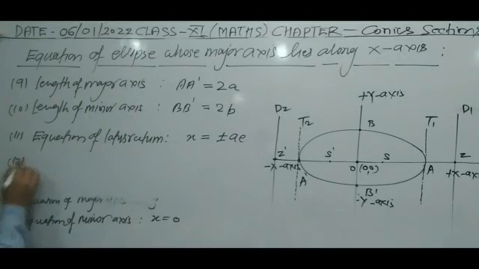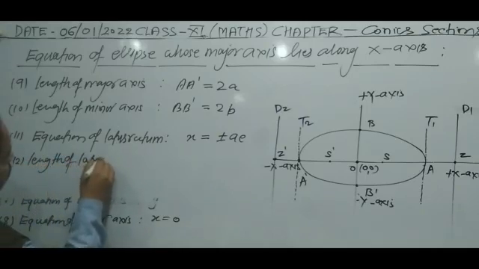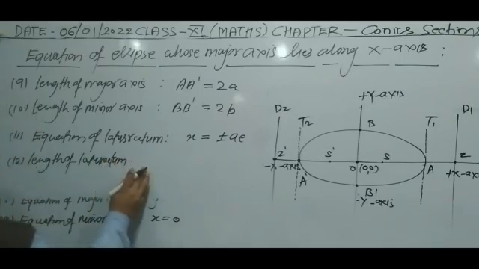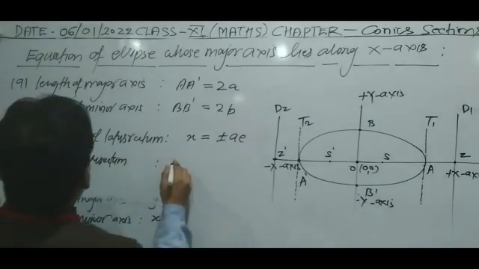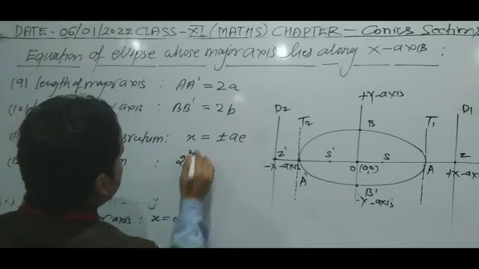Now 12th is the length of latus rectum, that is 2b square by a.